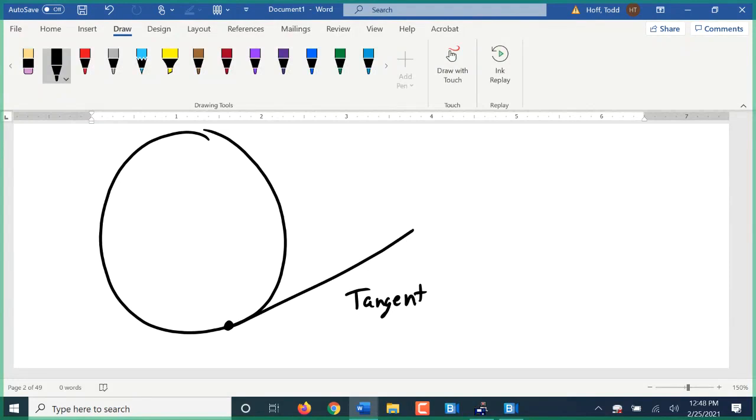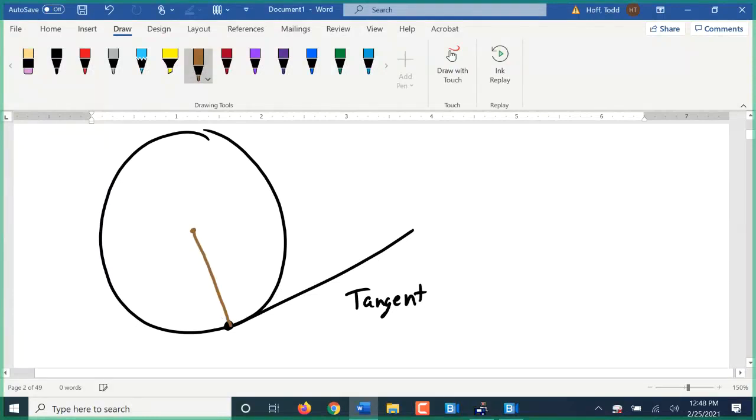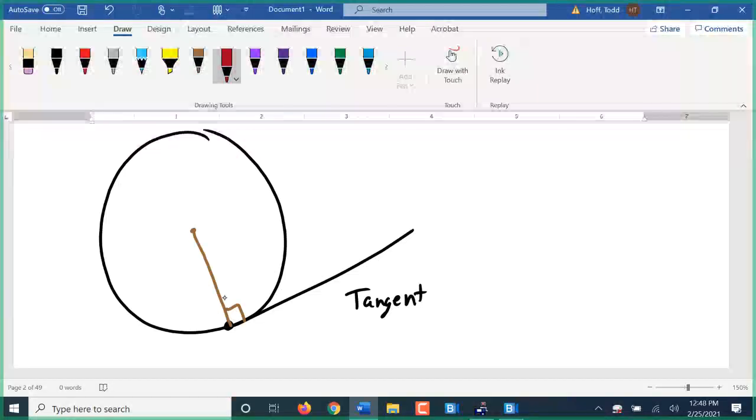One point is on the circle, all the other points are outside the circle. Well, a radius of the circle to that point of tangency, there will only be one radius that goes to that point. It will be perpendicular to that tangent, mainly because the two angles have to be equal, so they have to be right angles.